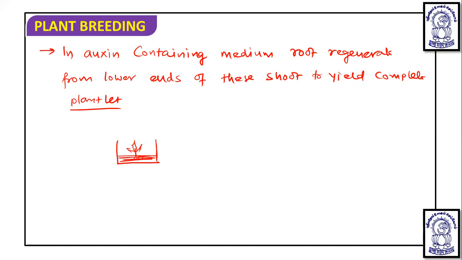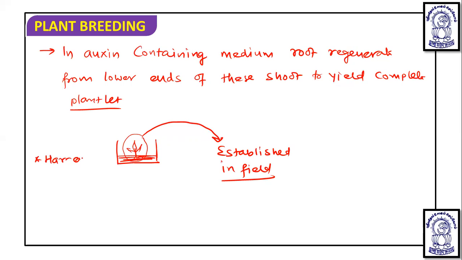Okay. Now after the development of the complete plantlet, this whole plantlet is removed from this auxin containing culture plate and established in the field. This establishment in the field is known as hardening. So hardening is done like this. And what is hardening?